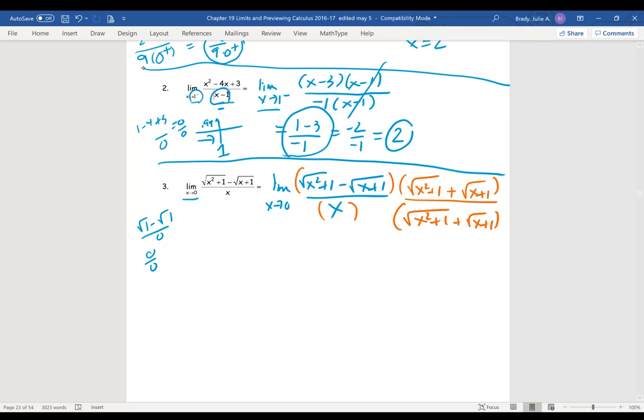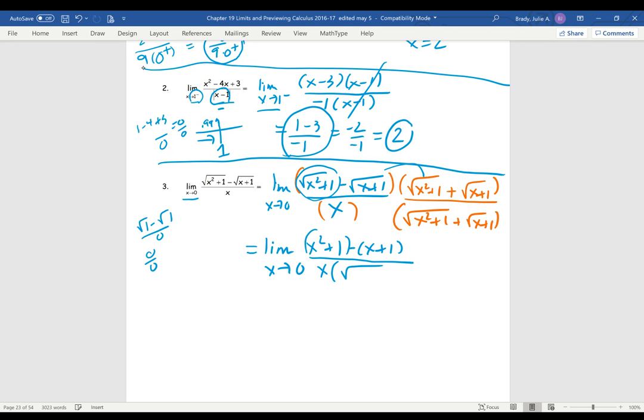Okay, and again, we're not evaluating yet, so you keep the limit symbol. And why do we pick this? Because we can use the difference of squares. So it's the square of this, so it's x squared plus 1 minus x plus 1. So multiplying these two, then you have an x.